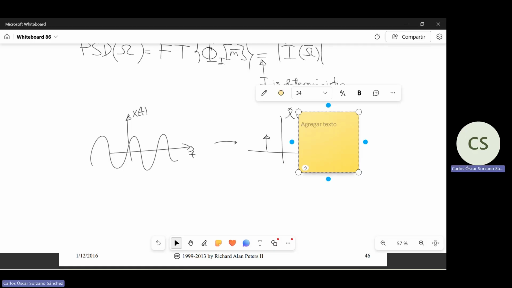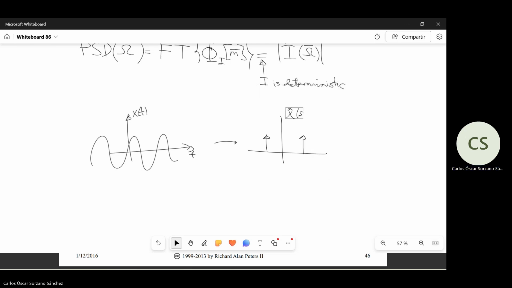Okay, so the Fourier transform, this is omega, is just a delta, no vector. We are in one dimension.